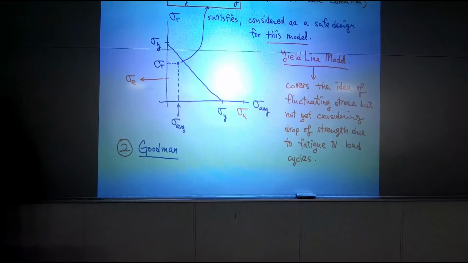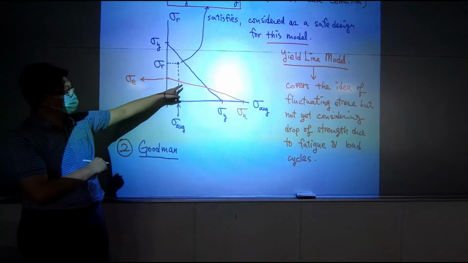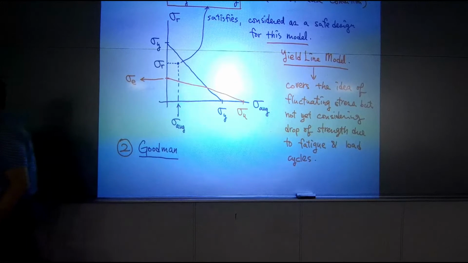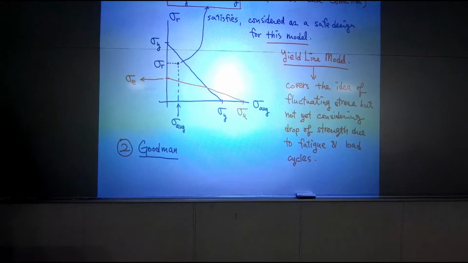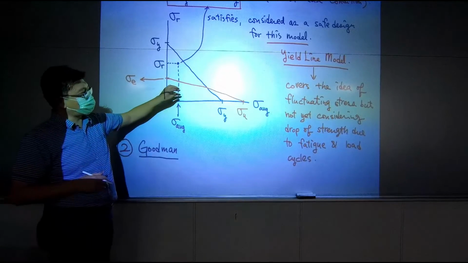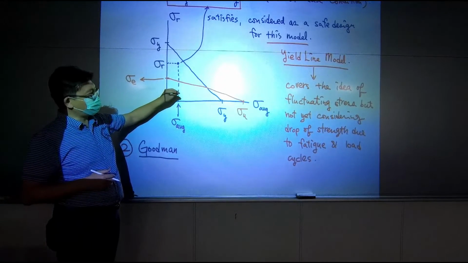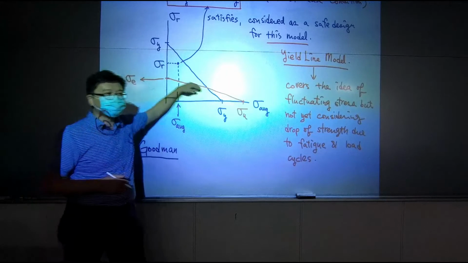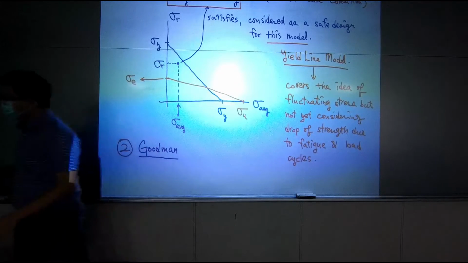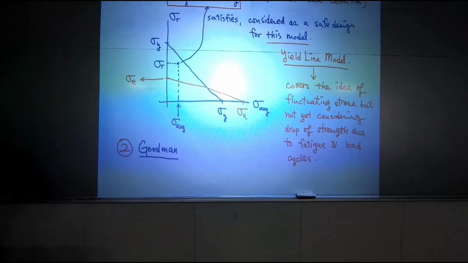So what he did was he drew a different line. So for this line, he believes a material has to carry dynamic loads within this red line, not the blue line. So this is Goodman's model.